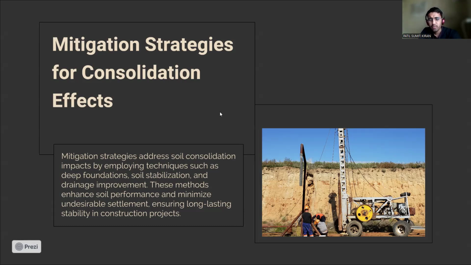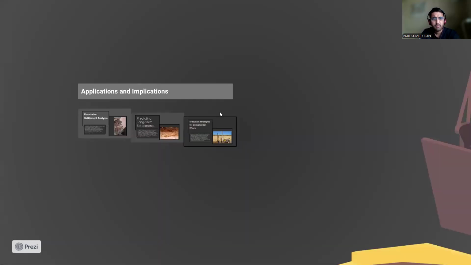There are lots of mitigation processes that can be applied to remove the effects of consolidation. Providing good drainage is one of the important things. If we can compress the soil, or pre-consolidation can be done, it can be helpful to avoid problems that might be generated in the future.